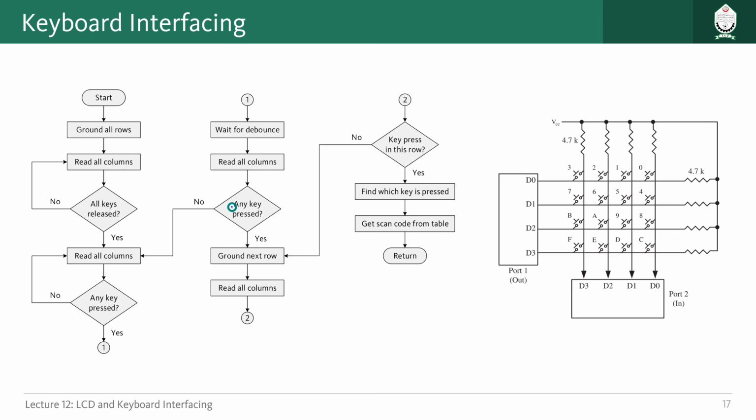If not, it can be an erroneous signal coming from the buttons, so we go back to the previous stage and read all the columns again to detect the next key press. That also deals with the issue of debouncing as we discussed before. If we get the same signal, we can move on to the next stage.